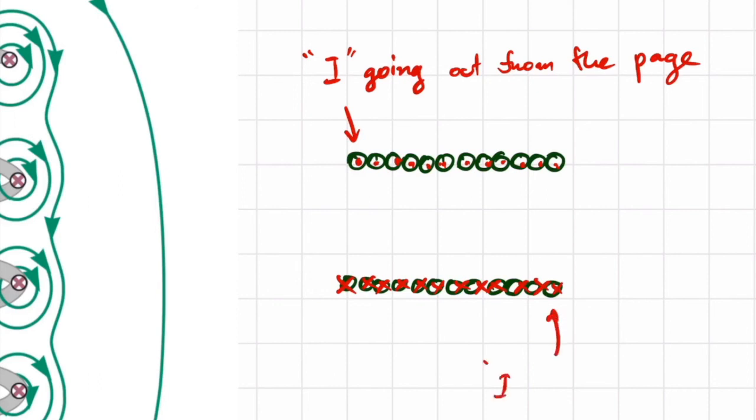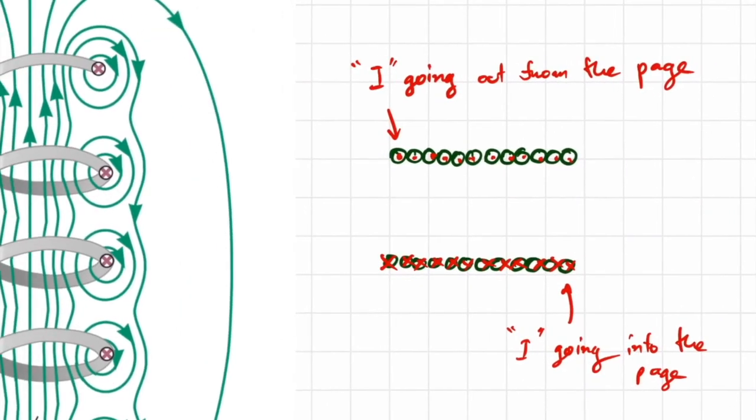So the current is going into the page at the bottom like this. Okay, so it's going to be like this at every point on the solenoid. Remember, we assume that the solenoid is infinitely long, or very, very long. So it doesn't matter where you look, the solenoid is going to be the same.